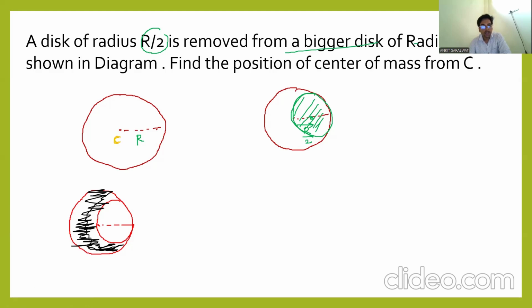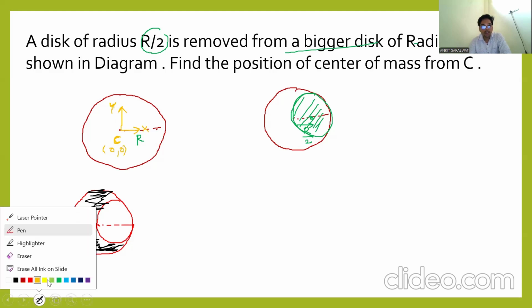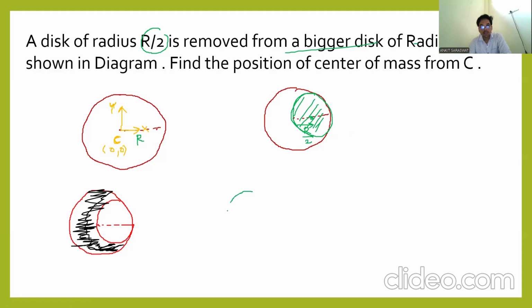From C, draw X and Y. Okay, sir. Now you place the coordinate of this as 0, 0. And the portion which you have cut, you can draw here. Which portion you have cut? This is the portion. If this is R by 2, its coordinate will be what? R by 2 comma 0.